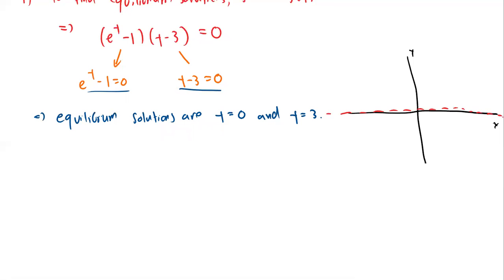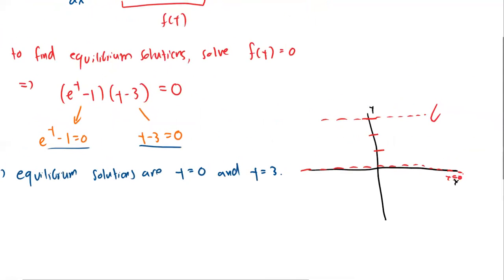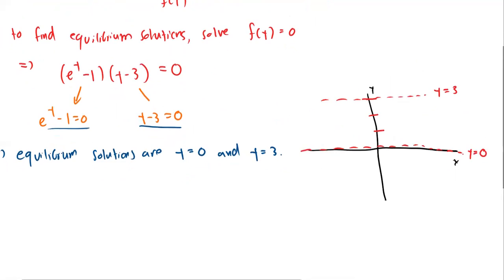You don't have to name them, I think it's good if you do. So this one is y equals 0. Then we have y equals 3. So let's do 1, 2, 3. Oops, sorry. Let's make that more readable. So y equals 3, and then y equals 0. We have our equilibrium solutions.